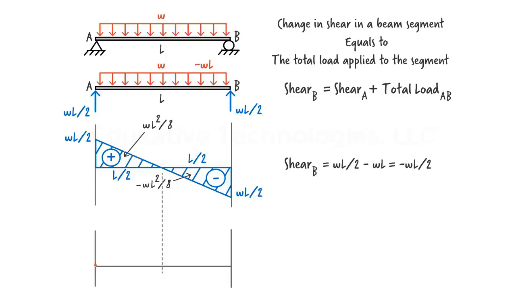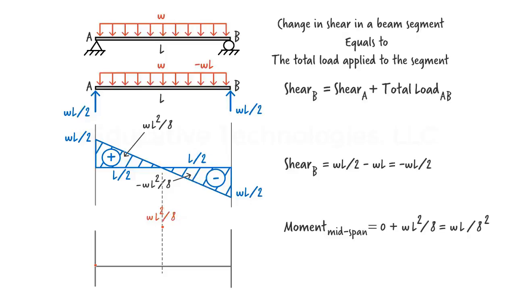Since there is no moment reaction there, then moment at the left end of the segment is 0. Moment at the right end of the segment equals the moment at the left end plus the area under the shear diagram in the segment. That is, moment at the right end of R1 equals 0 plus WL squared over 8.